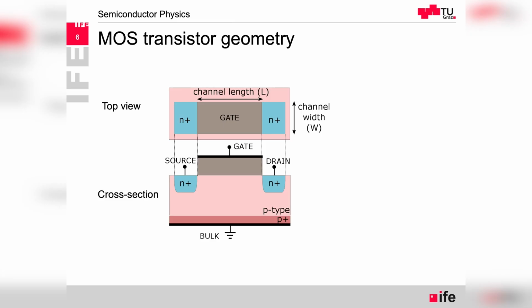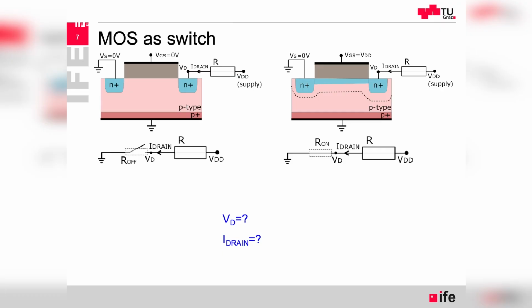The length is the distance between source and drain, and the width is how wide the region is. Sometimes, if we operate with just the minimum technology features, the minimum length, but we want to increase the conductivity and reduce the resistance, then we increase the width of the channel, and like that we have a lower on resistance. So let's start with a very easy example where we have the MOSFET operating as a switch.